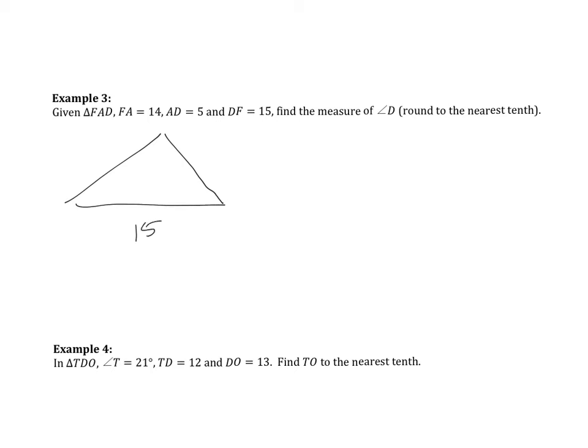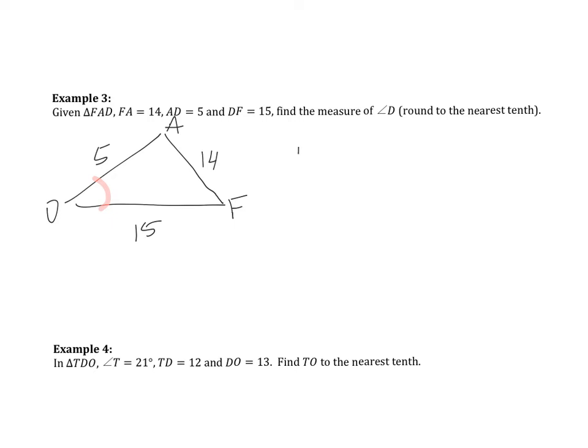AD is 5, so DF is 5. FA is 14. Find the measure of angle D. So this time they told us what we were looking for. It's this one right here. So mainly this is just practice. You try doing these. So I'll write this up so you can see how I would do this.